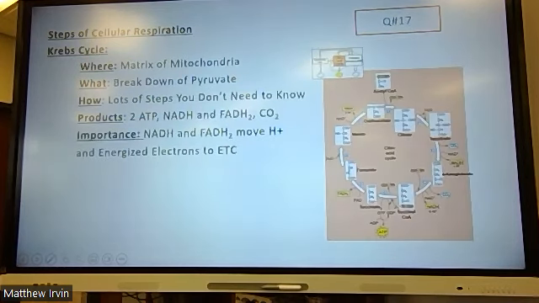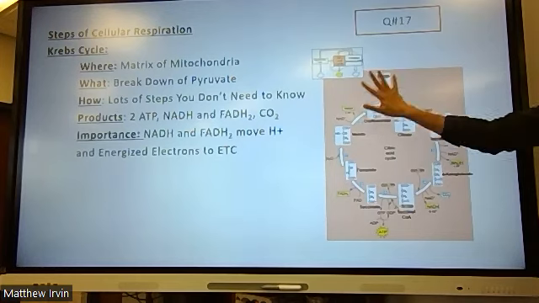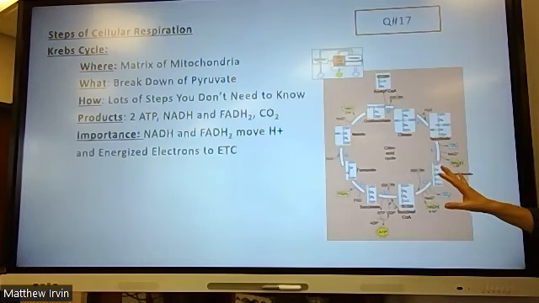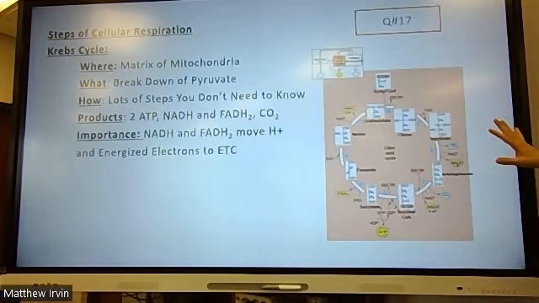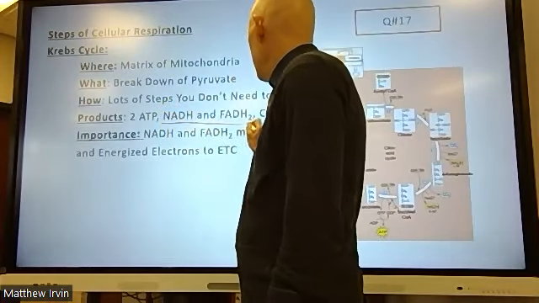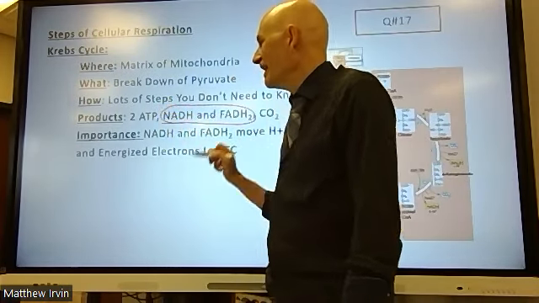Krebs in the matrix of the mitochondria. That is breaking down your pyruvate into CO2. How? This is how. None of this you have to know. This diagram may show up in the multiple choice, and then you have to answer questions about it, but you do not have to memorize it. We are going to generate 2 ATP, and then the NADH and the FADH2.